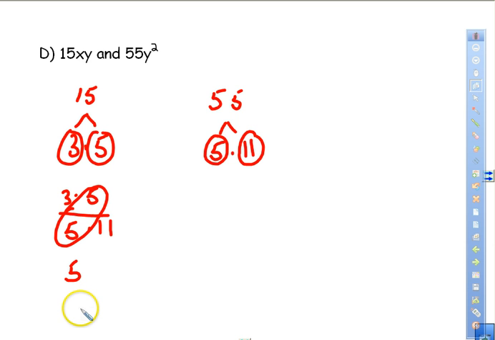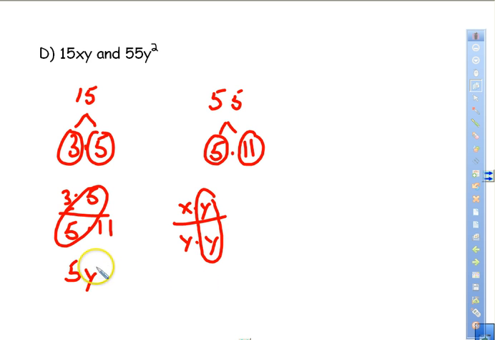And since there's only one 5, you just leave it 5. Okay, there's nothing to multiply. But when I look at my x, y, and my y2, if I compare them, I have x, y compared to the exponent saying that there's 2 y's. So what's common is just one y. So then it's going to be simply 5y.